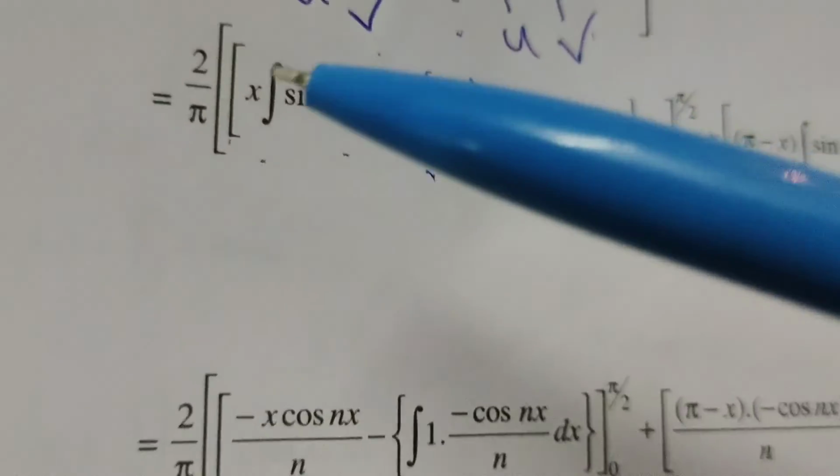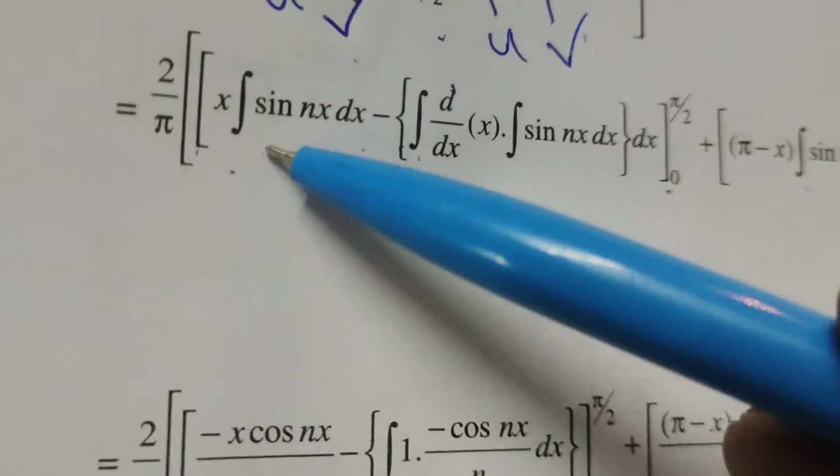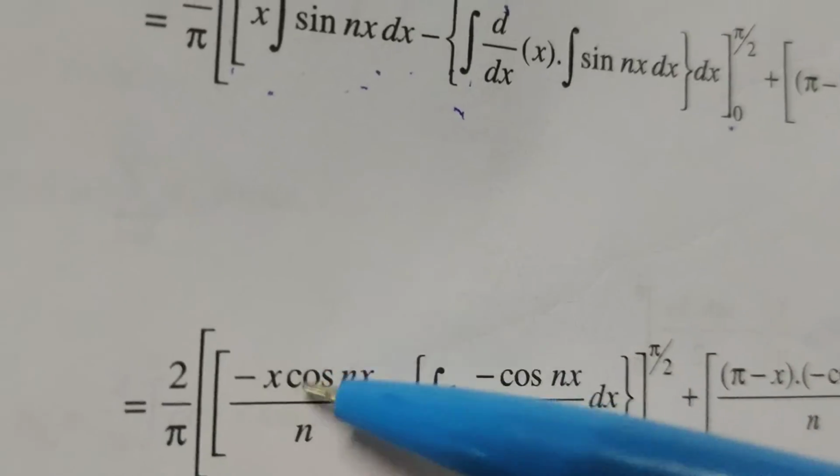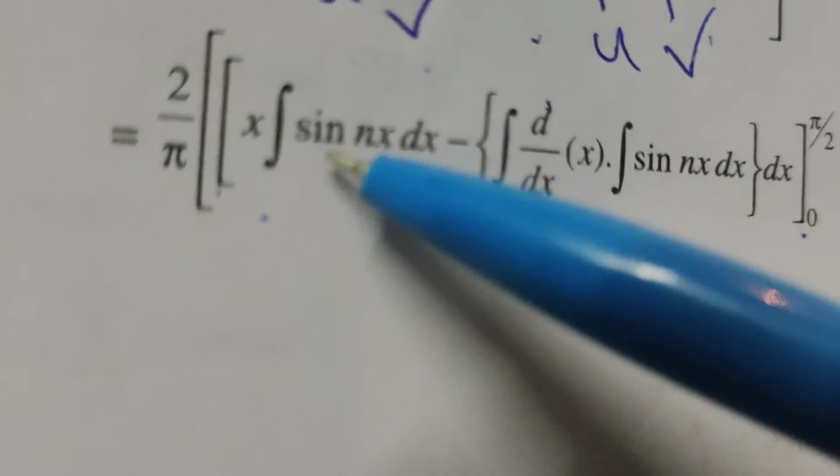Now 2/π. Here the integral of sin(nx) means −cos(nx)/n; since it is nx, integration means write n in the denominator.